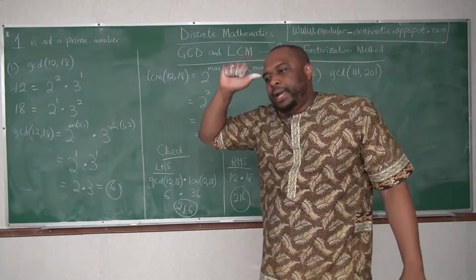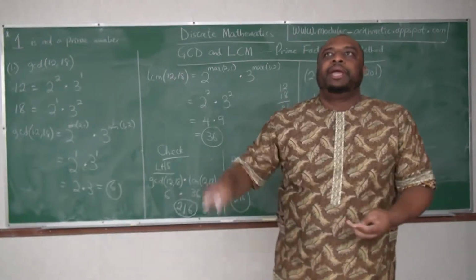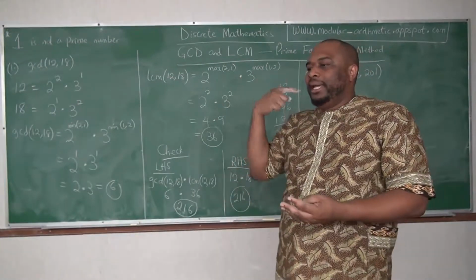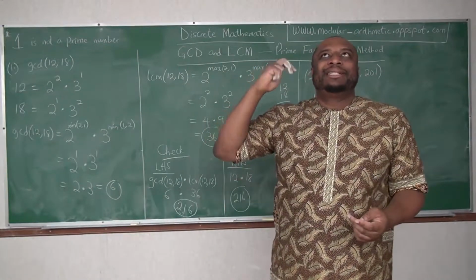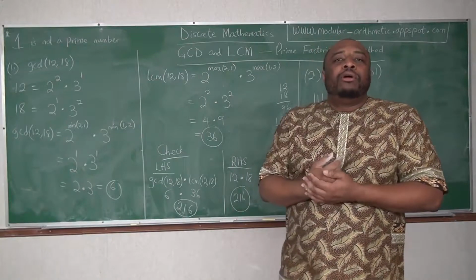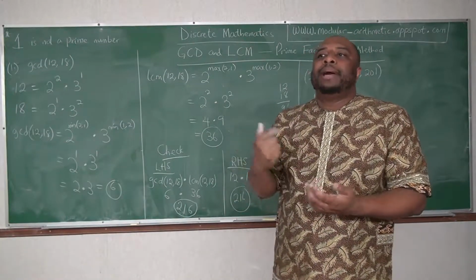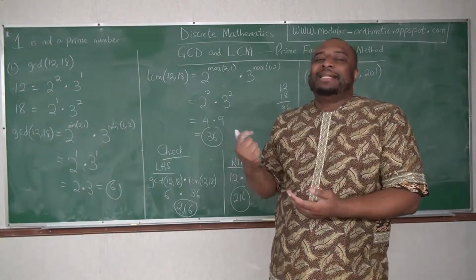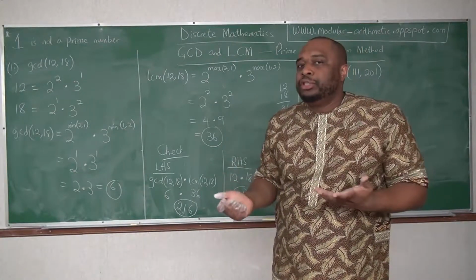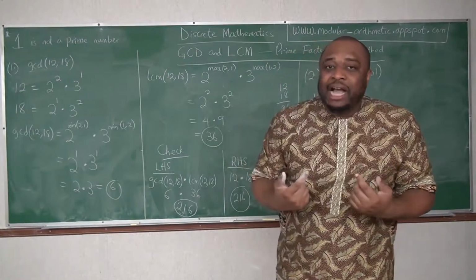So we are dealing with prime numbers here: 2, 3, 5, 7, 11, 13, 17, 19. It will be good if you know how to tell numbers divisible by 2, by 3, by 5, by 7, because that will save you time, especially if you're not using a calculator.